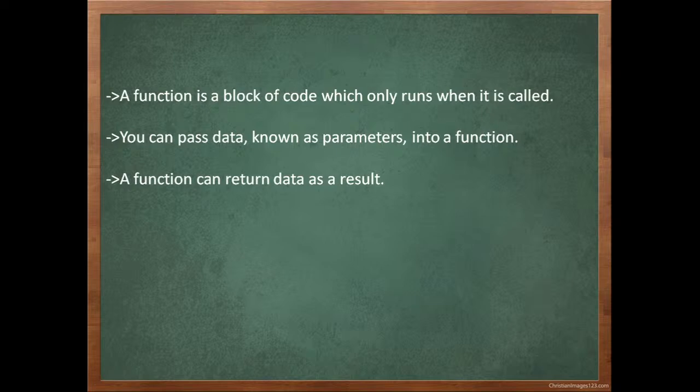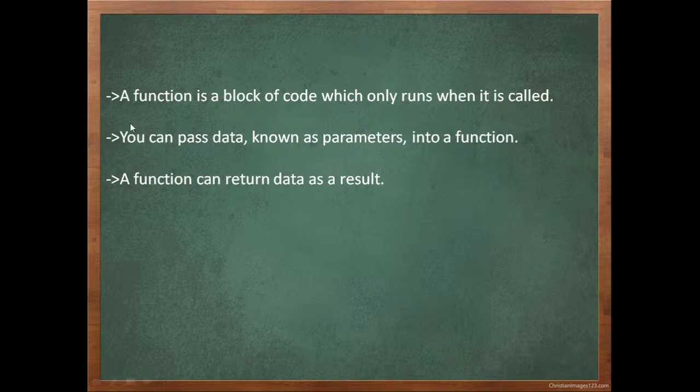The code present in the function definition requires some data, so we need to pass that data through the function call to the function definition. A function can also return data as a result. By writing a return statement, we can return data from a function definition to a function call. So this is what a function is.